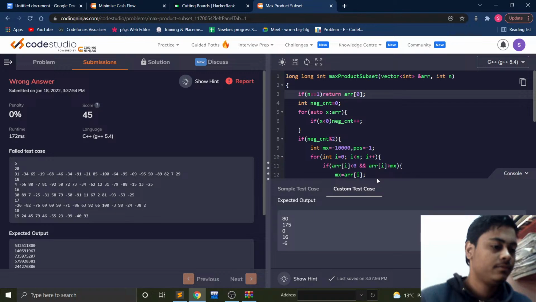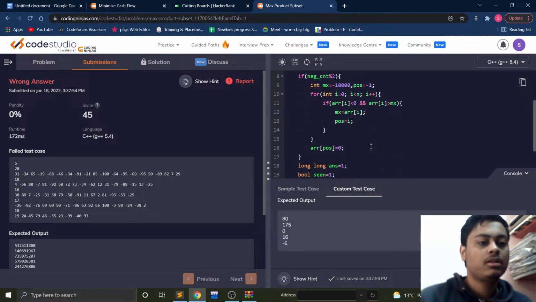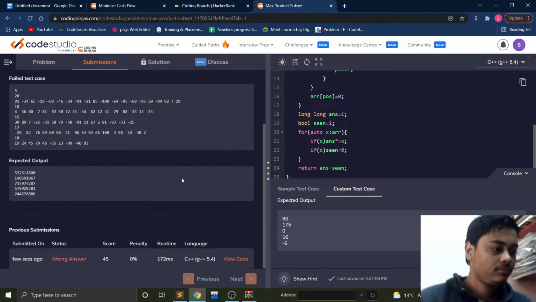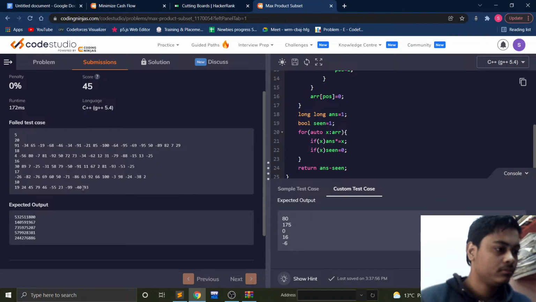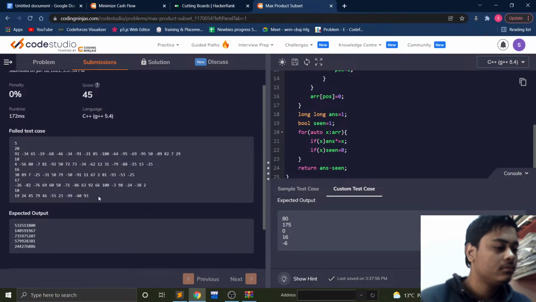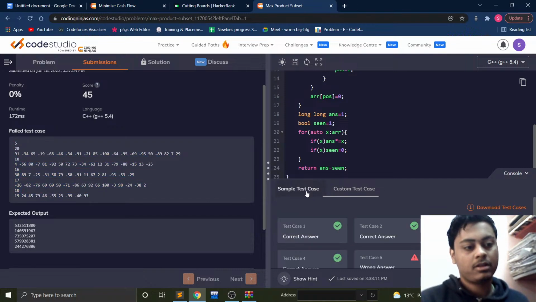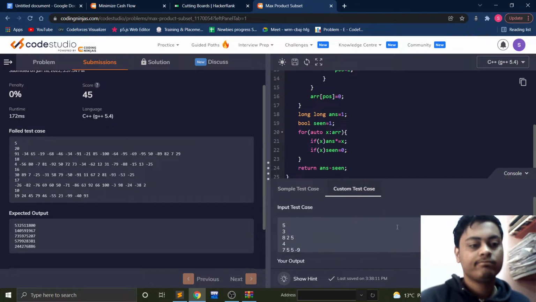Wrong answer. Is it another long mistake or something like that? Debugging with test cases is not the best method to solve any problem, but I guess we can try.